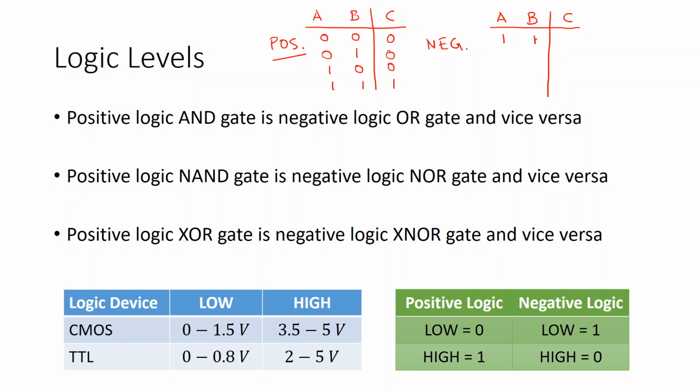So you write 1 in place of this 0 in positive logic, because now the low voltage is encoded as 1, and the high voltage, here was the high voltage, is now encoded as 0.